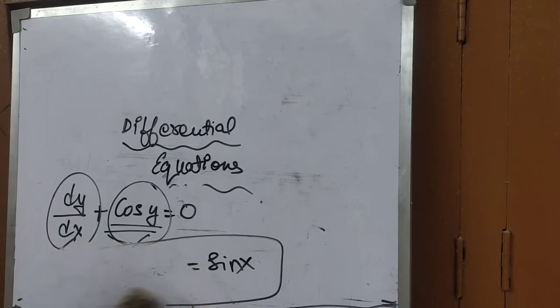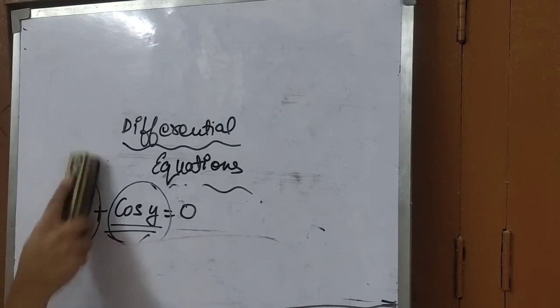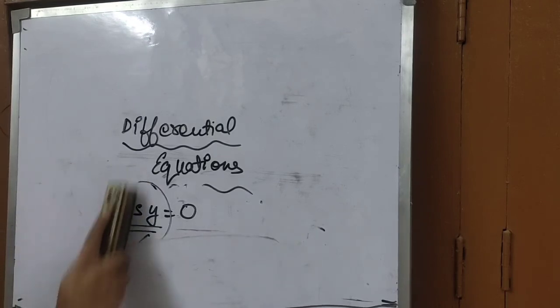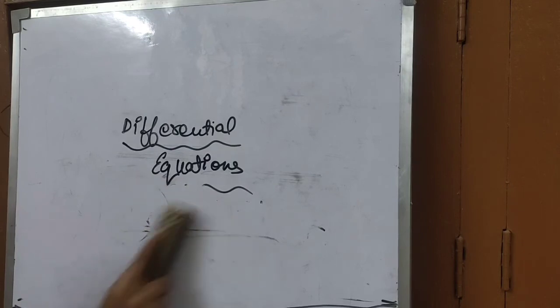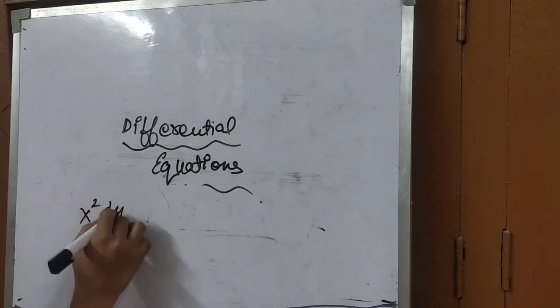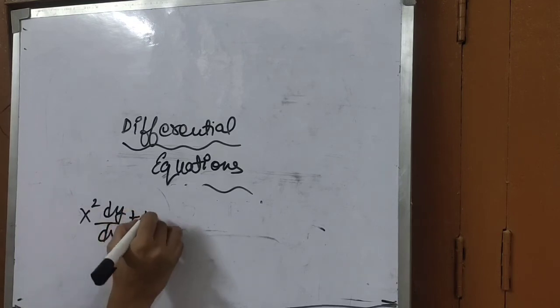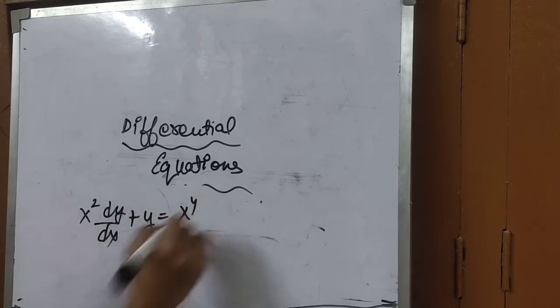I'll also tell you how to identify that this is my linear type of equation. If you are able to identify that you need to find an integrating factor, then it becomes your linear type of equation. For example, x square into dy by dx, adding up with y, is equal to x to the power 4.